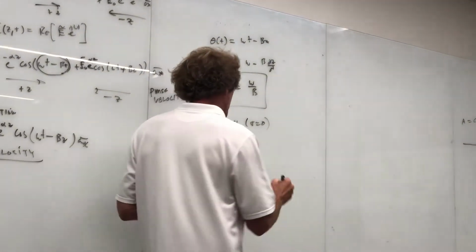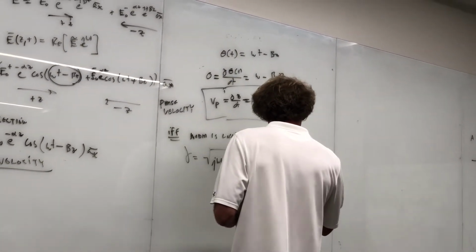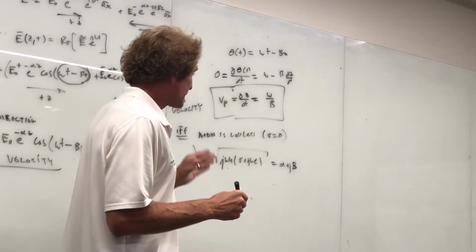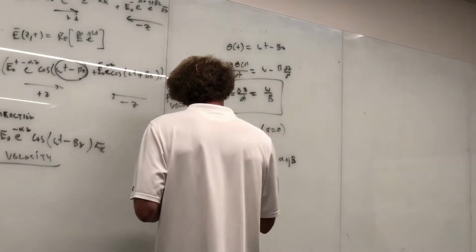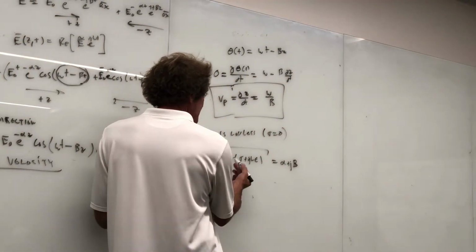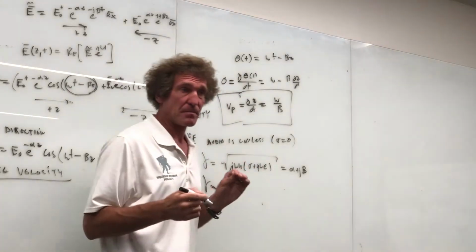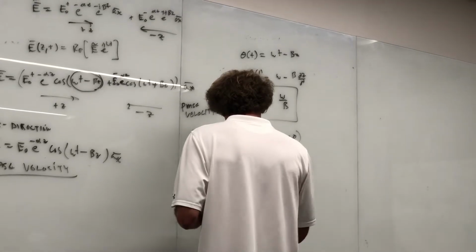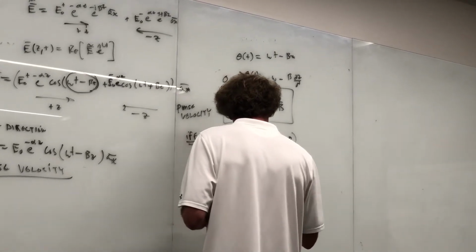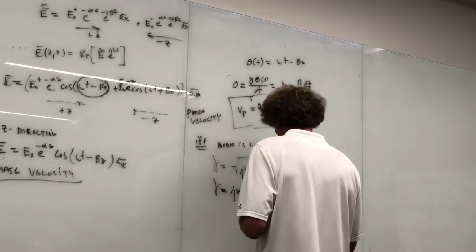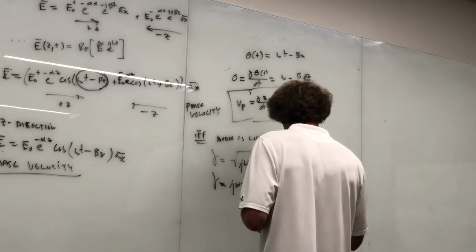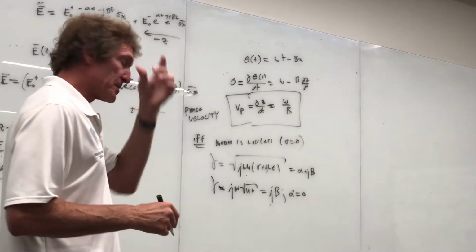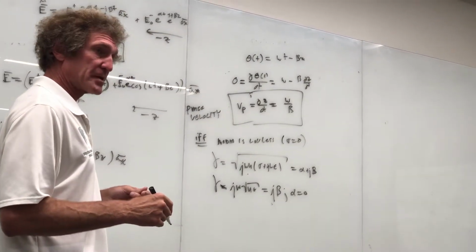And that's alpha plus j beta. Y'all remember this now? All right, well, if sigma is 0, then gamma would be equal to what? It would be just the square root of j omega mu times j omega epsilon, right? So that's j omega squared, and the square root of j omega squared is just j omega. And then it would be times the square root of mu epsilon. And that would be equal to simply j beta. And here, alpha would be 0. There would be no attenuation. So this is the lossless case. Follow me on this, guys?